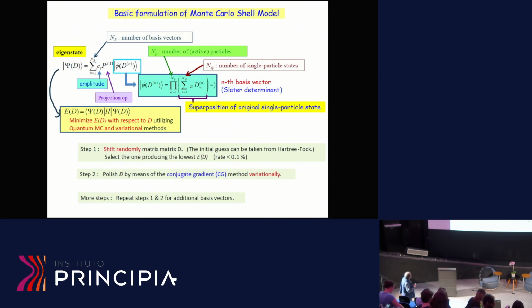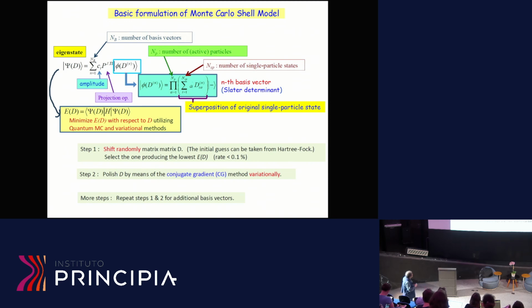We select it in this way. Suppose we are trying to fix the first basis vector, and then there are two steps. In step 1, we shift randomly the matrix elements of D. The initial guess can be taken from Hartree-Fock or some other simple calculation. Then we select the one producing the lowest energy, by having this random shifting. Once you come to some reasonable result, then you can polish this D by means of the conjugate gradient method variationally.